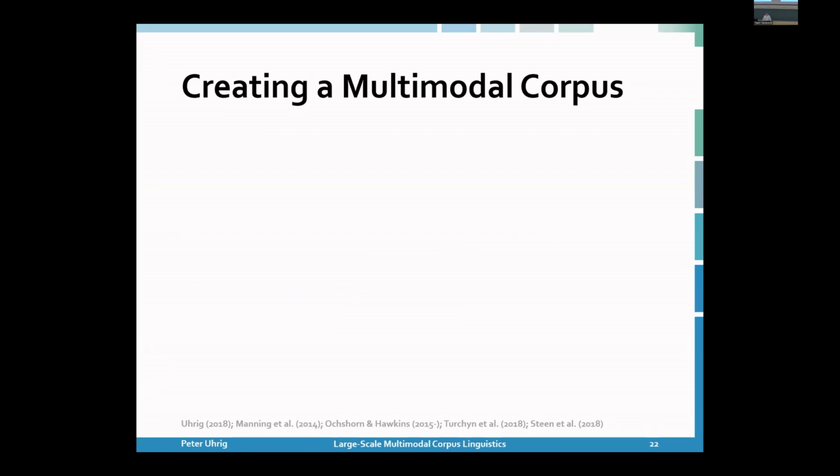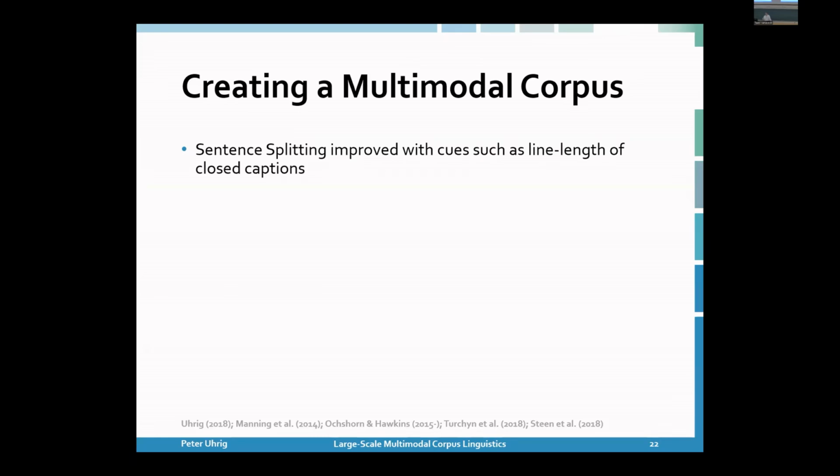So first thing is you need to actually do sentence splitting. We improved that, because the whole thing comes in uppercase. American subtitles come in only uppercase. This is a problem for sentence splitting because normally you look for an uppercase letter after a full stop to find the next sentence. So we had to do some tricks, but we went there, then we extracted text that's not spoken.